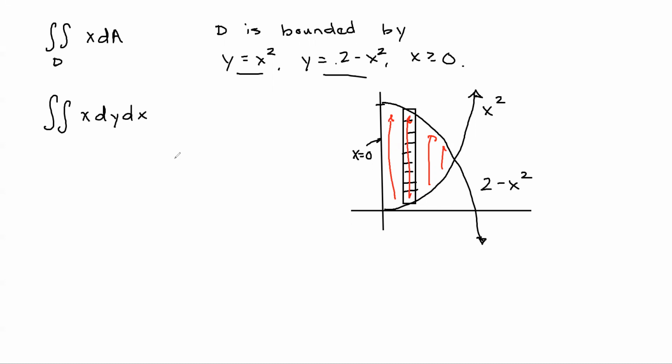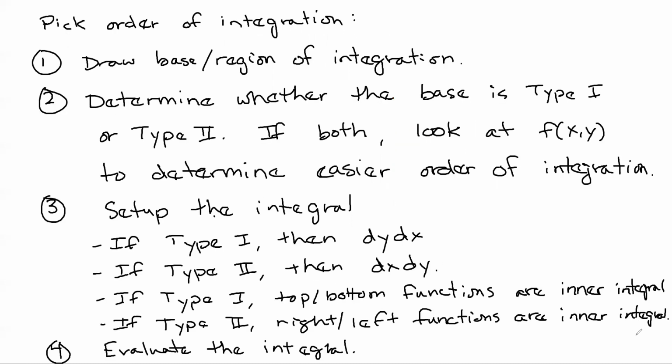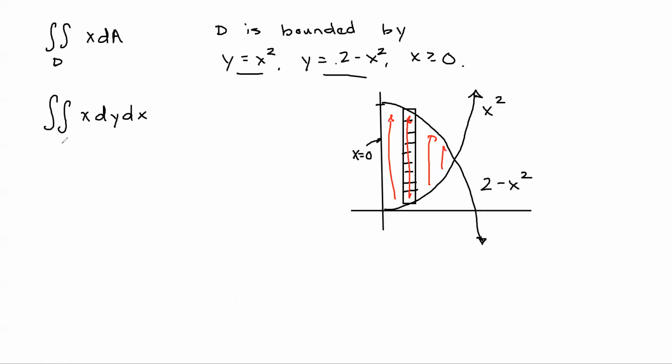As for the inner values, if type 1, the top and bottom functions are the inner integral. The bounds for the inner integral go from y equals the bottom to the top. Bottom is y equals x squared. Top is y equals 2 minus x squared.